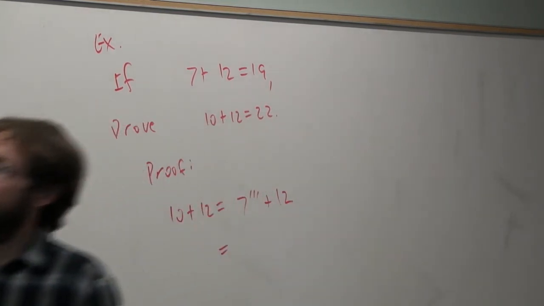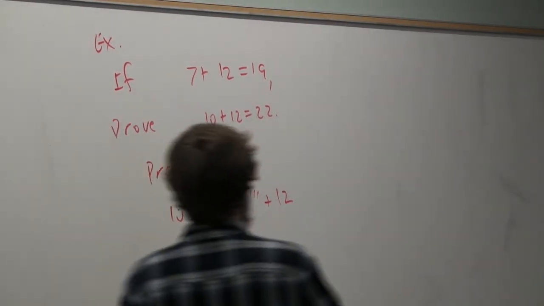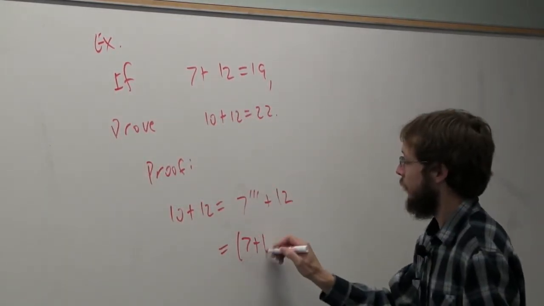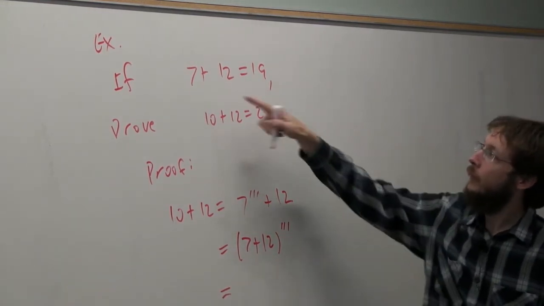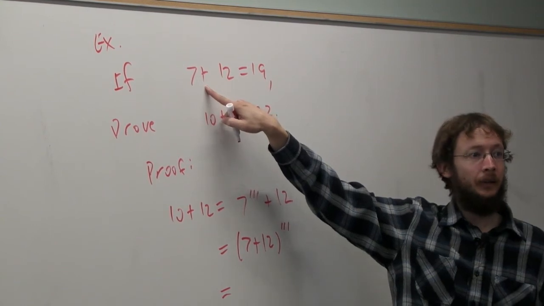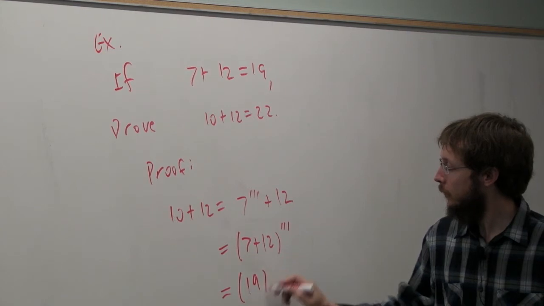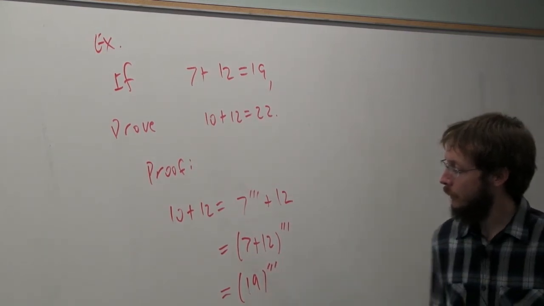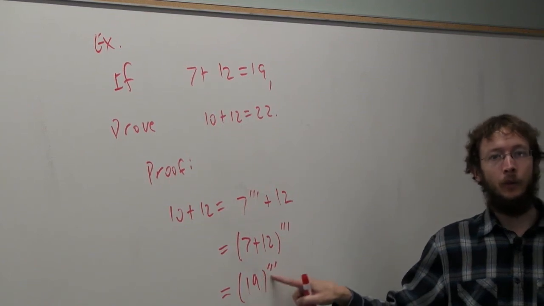And then we have this property B that says addition for successors is defined where you just take those successors and move them outside of parentheses. We're able to work backwards until we find an addition fact that we know the answer to: 7 plus 12 equals 19. And then all we have to do is start applying successors: 19, 20, 21, 22.